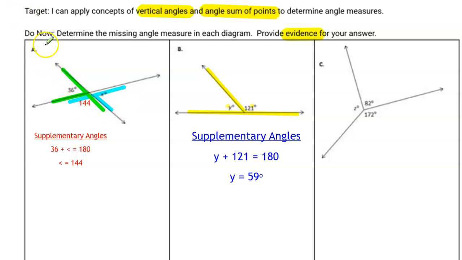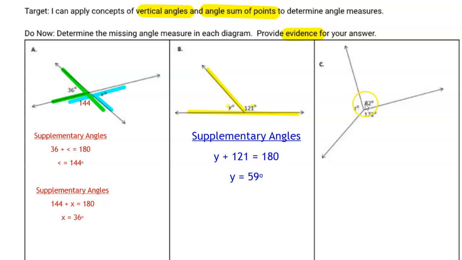Here's how it looks. When we did the supplementary angles theorem, we added 144, which is this angle here, and this x angle to get 180, and we solved for 36. That should be a little bit familiar to you because this angle here and this angle here are both 36.